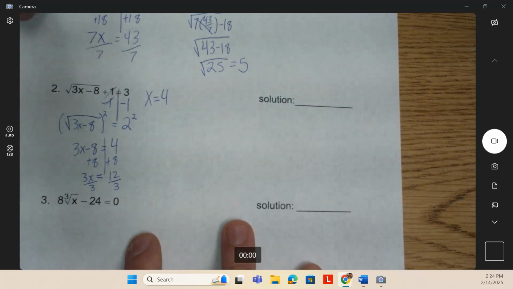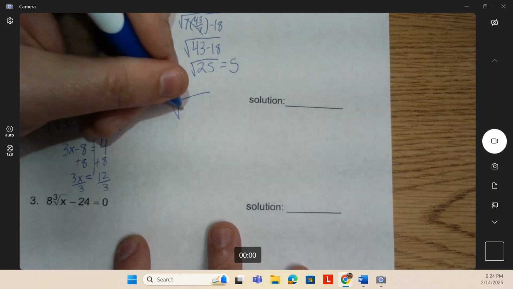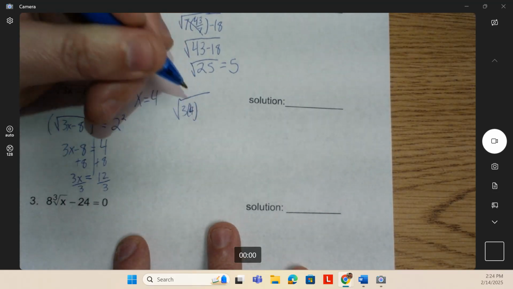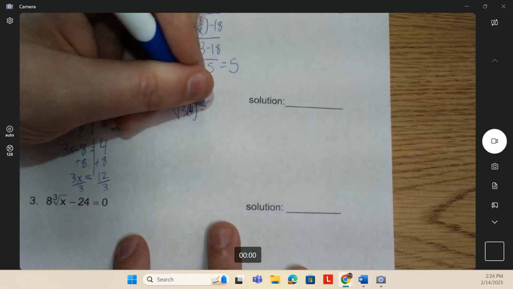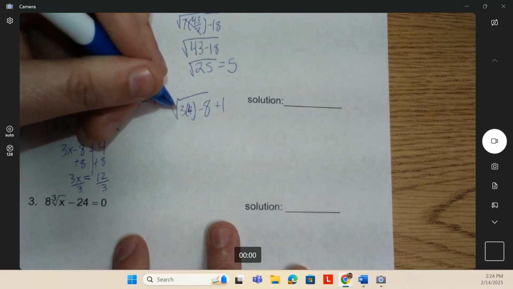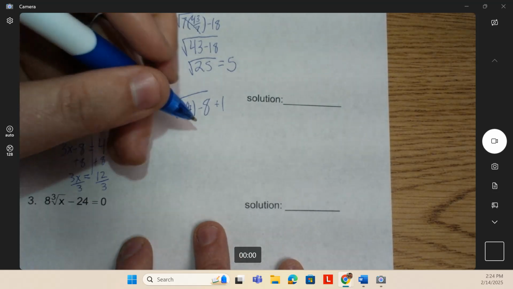Once again, I'm going to check that, and you're more than welcome to just put that in the calculator, but it's a quick check, so we will work it out here. So I have the square root of 3 times 4 minus 8 plus 1, and that should equal 3.